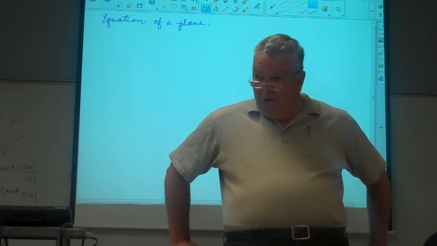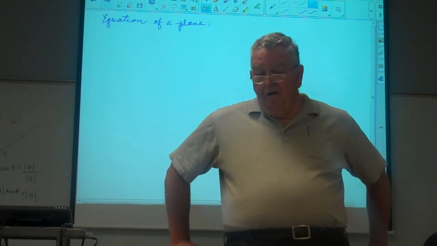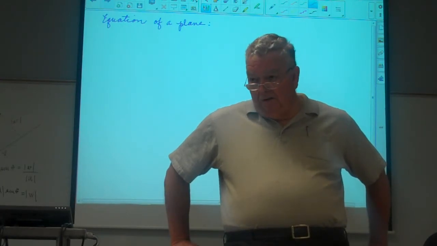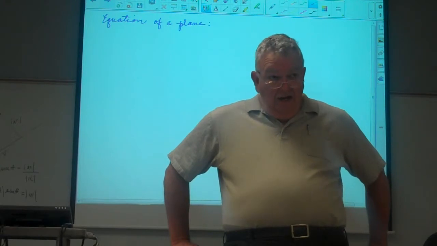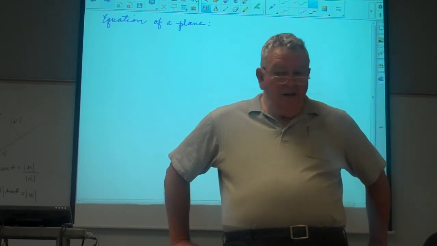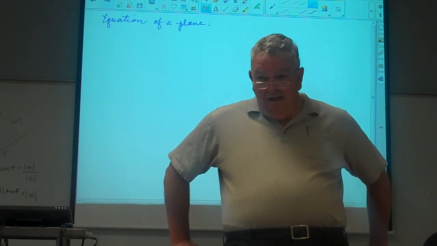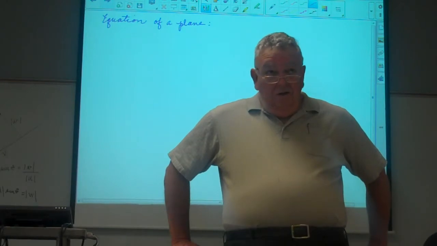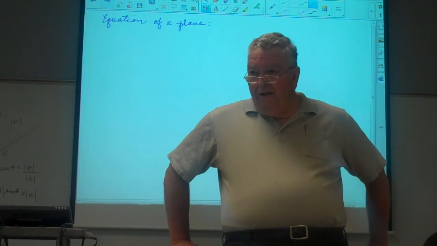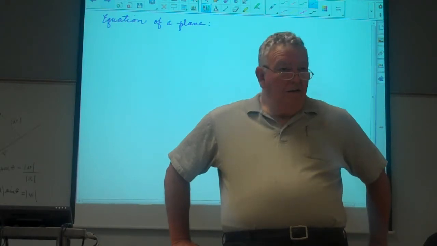And I told you there were 2 more words, and we're going to use the normal. The other one is orthogonal, and you'll see that in linear algebra, and it'll come up in differential equations too. But orthogonal, perpendicular, and normal.